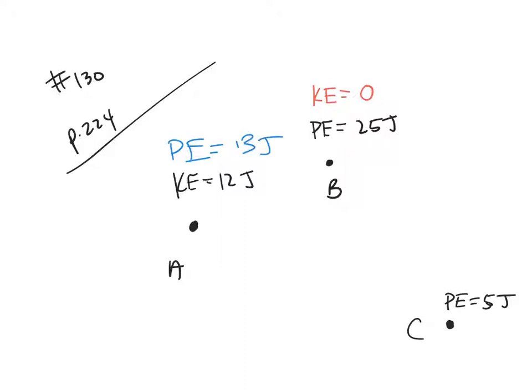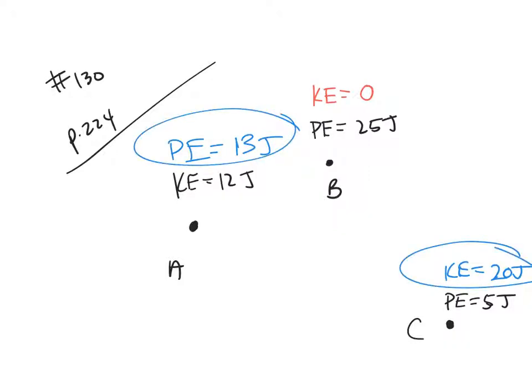That's got to be 13. So these add up to 25. And then at the end, the kinetic that's missing has got to be 20. These are your two answers that the problem is asking about. But the theory is what I want you to understand: energy is never gained or lost, it's only changed or transferred between potential and kinetic.